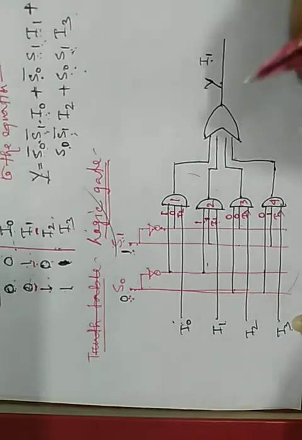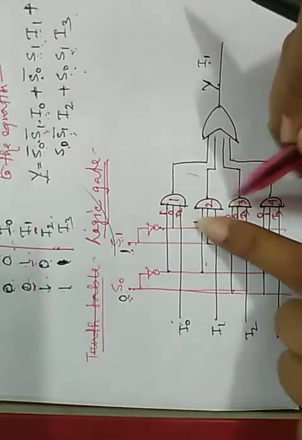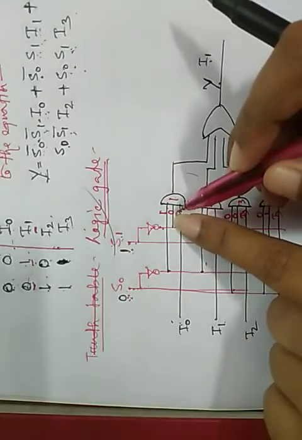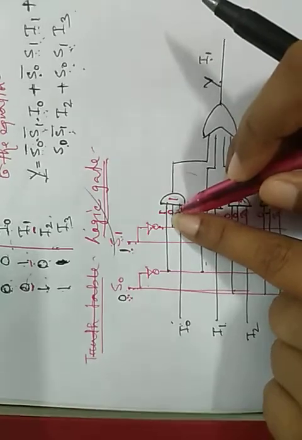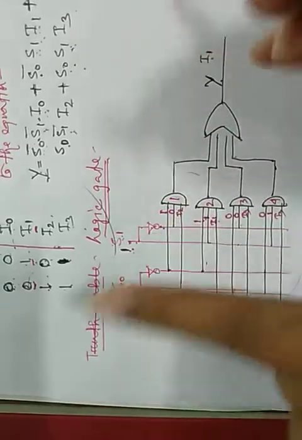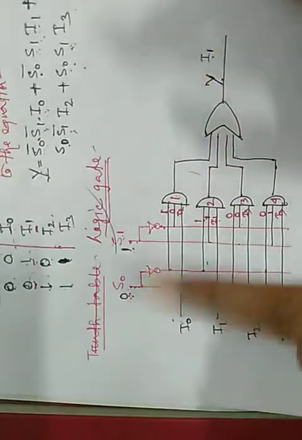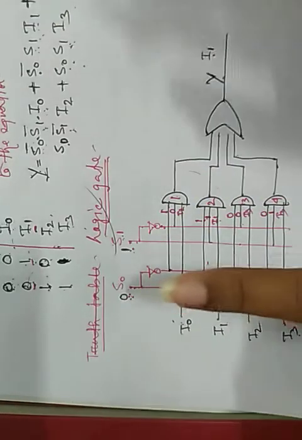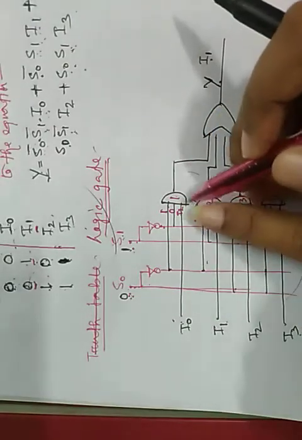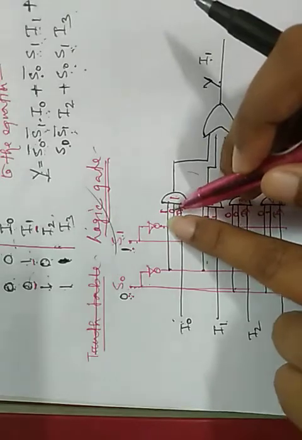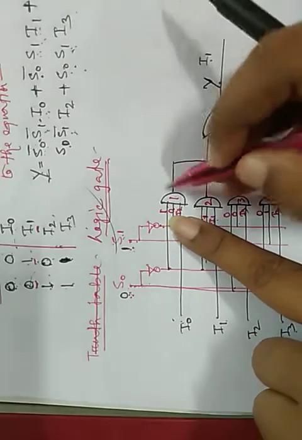Okay, as these are all AND gates, we have already known that in an AND gate, if there is a single 0 in the input line, the output will be 0.